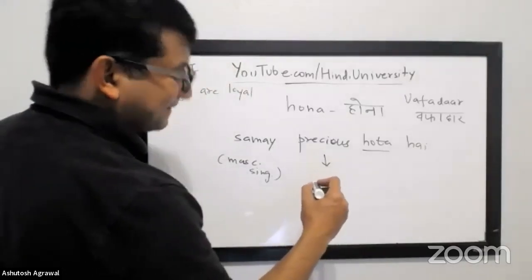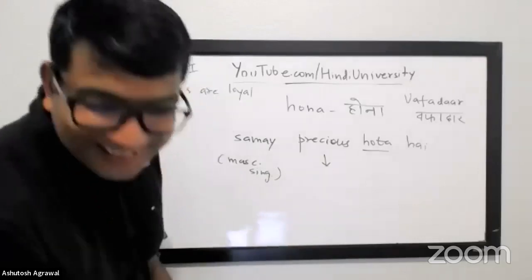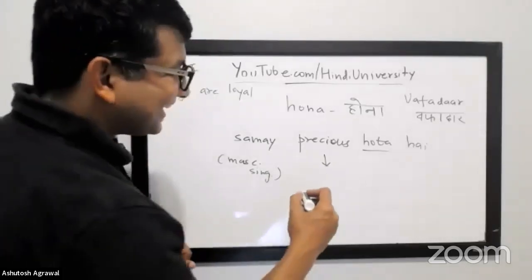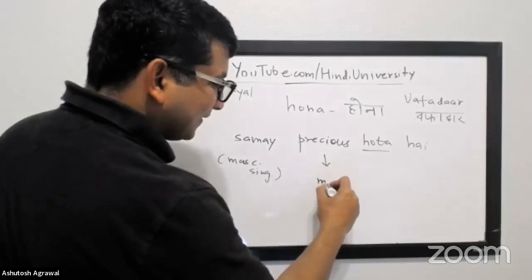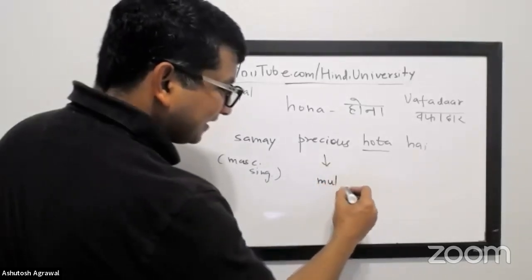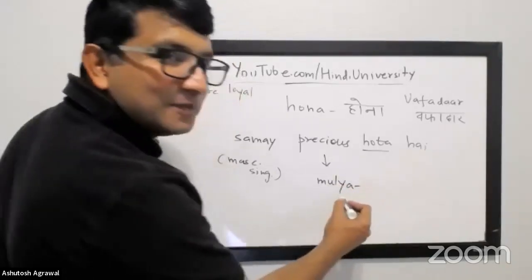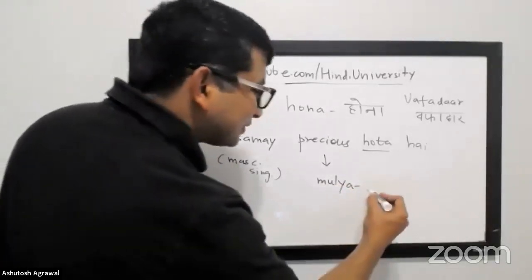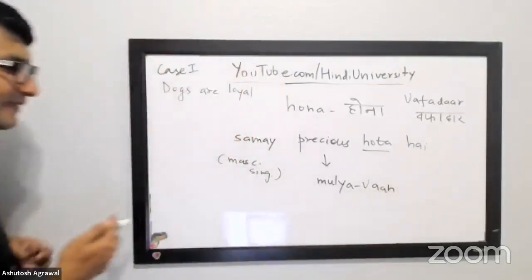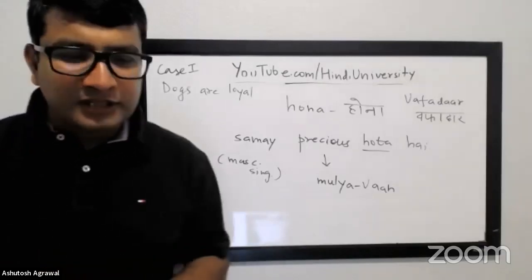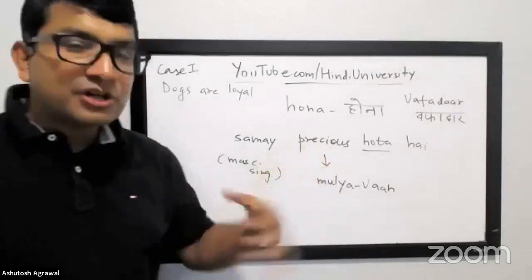I don't know. You can't use mahanga, can you? I think it's anmol, precious. Okay. Kimati. कीमती होता है. Yeah. You can say मूल्यवान होता है. Okay. समय मूल्यवान होता है, which is same as precious or कीमती. This would do actually. समय precious होता है.